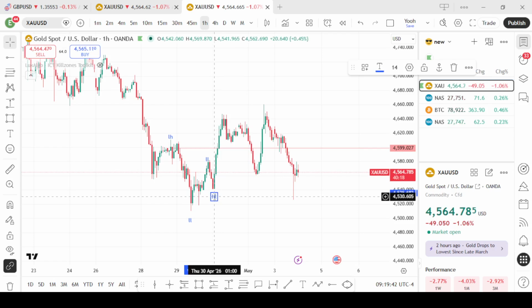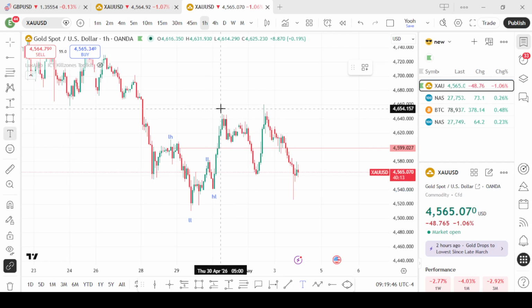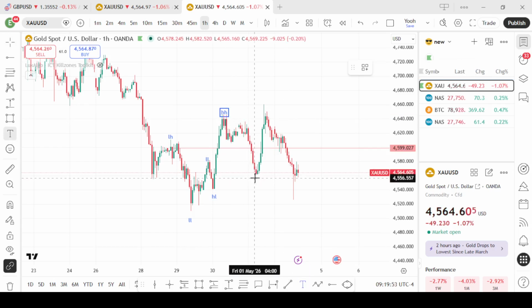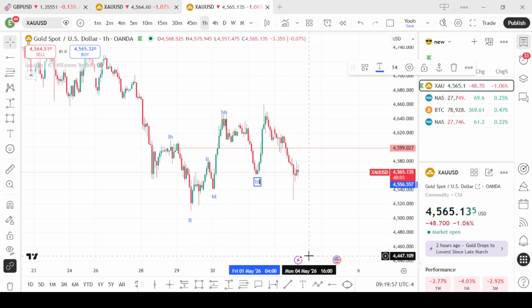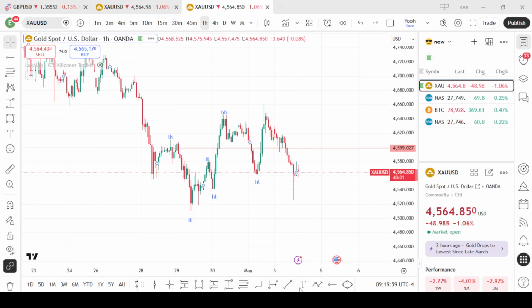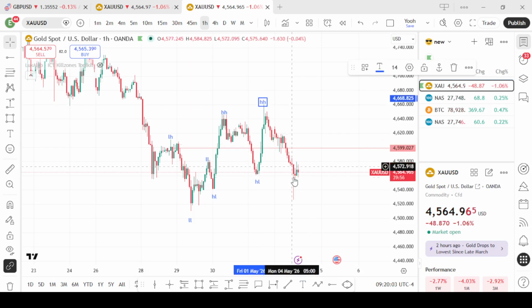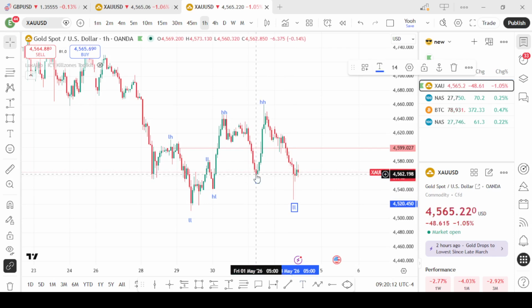So this is our lower high, which made a higher high, which again made a higher low, which is higher than this one, again made higher high. But now currently we are making lower low because this low is lower than this one.